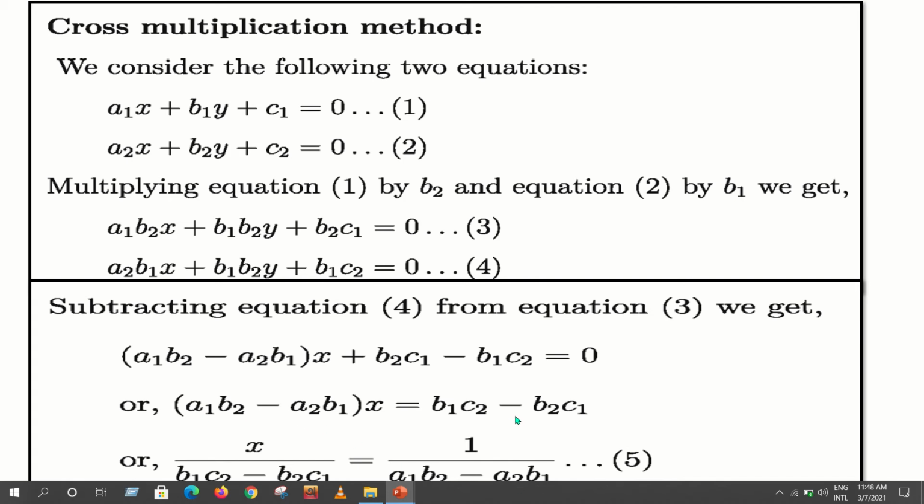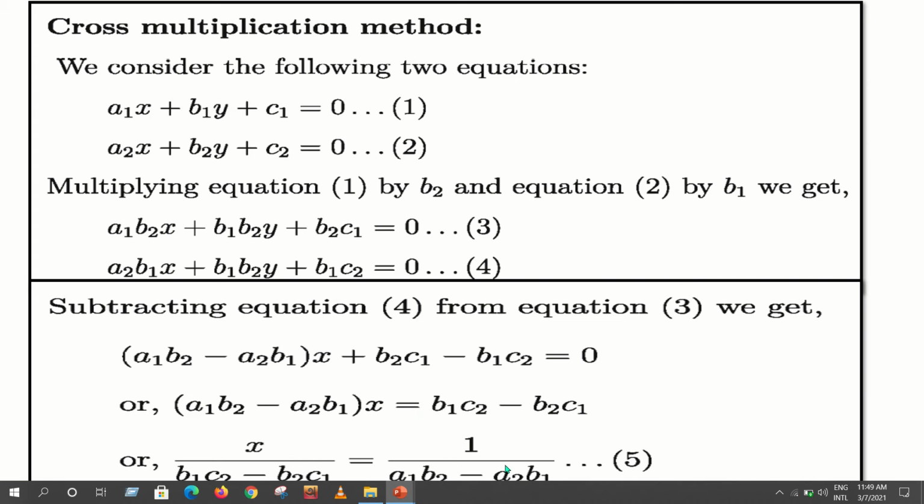That means this converts to the left side and this converts to the right side, as here it is 1 into this and here it is x into this. So x by this part and 1 by this part. This is equation number 5. And on the right side, you have to remember, it is 1 divided by a1 b2 minus a2 b1. So the value of x is equal to this.